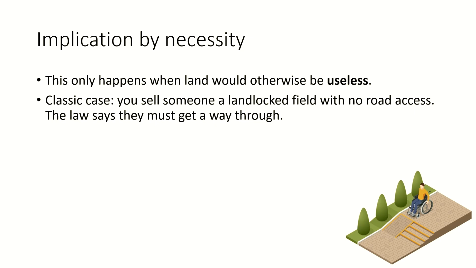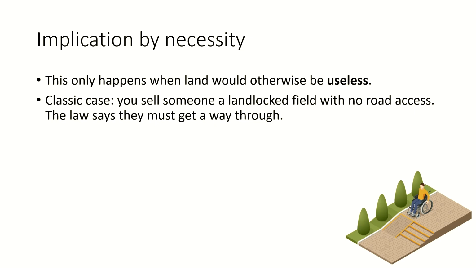There's no access via public road, and the new purchaser obviously needs to have a way to get to the land, and this will likely be then an easement to walk or drive or whatever across your own fields that you retain. So as we can see from this example, if there's a landlocked field and there's absolutely no access whatsoever, then this would then create an easement by necessity.